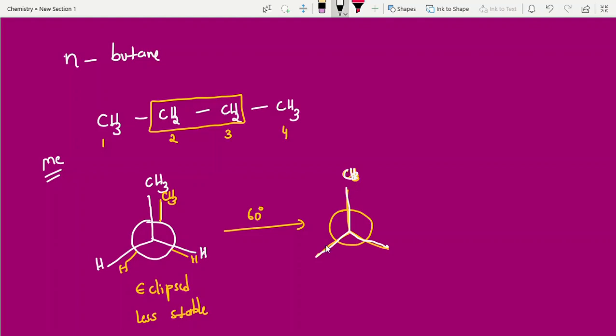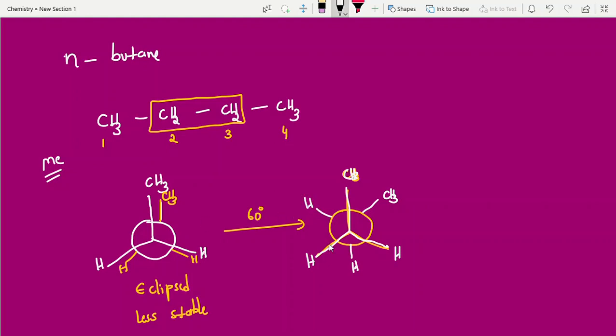I am not disturbing front carbon, as it is, I have written. Now if this is rotating 60 degrees, this guy will come here, CH3, and this guy will come here, right? Next, this hydrogen will move here. That's it. This is 60 degrees rotation.